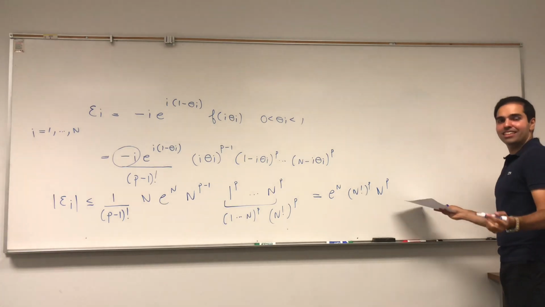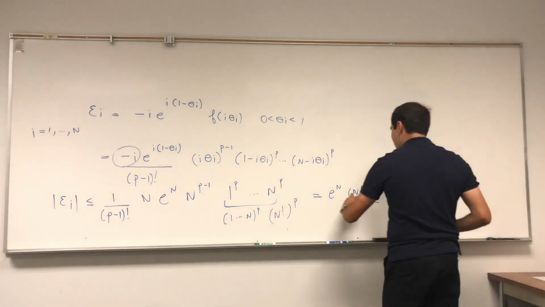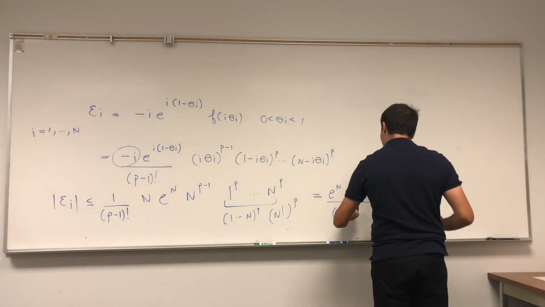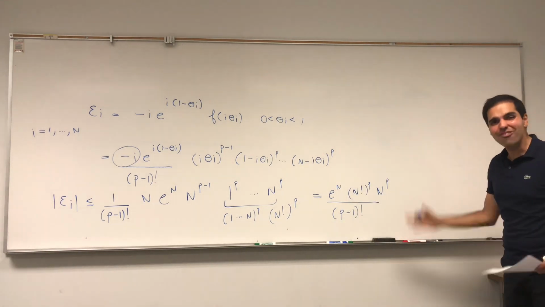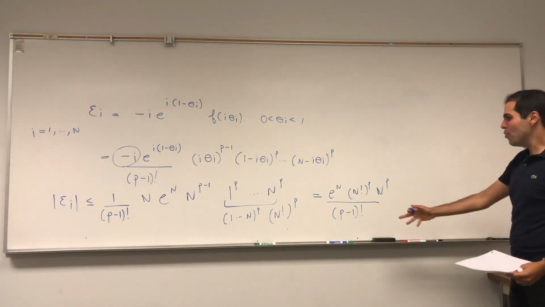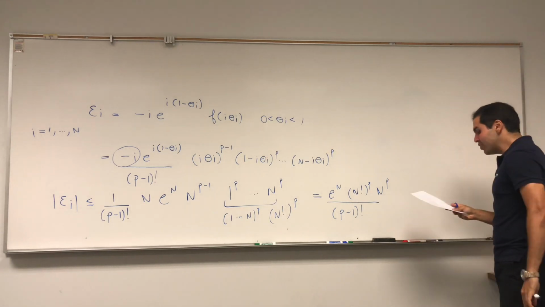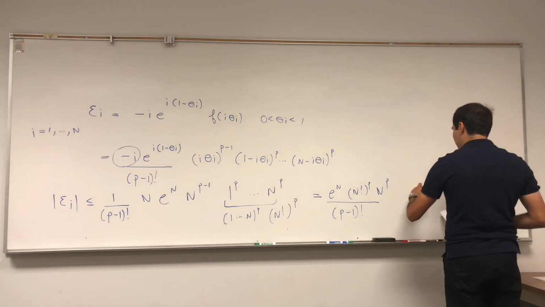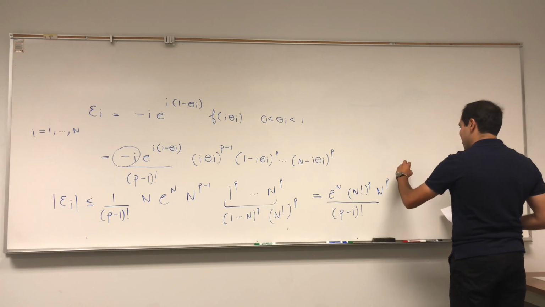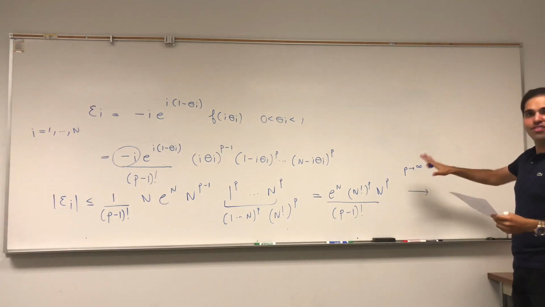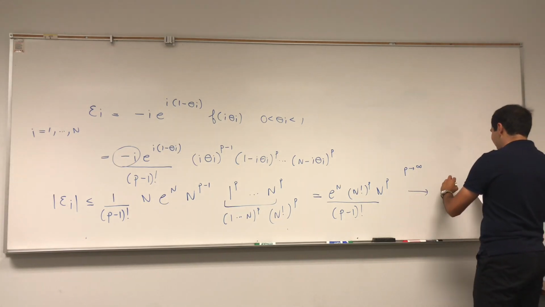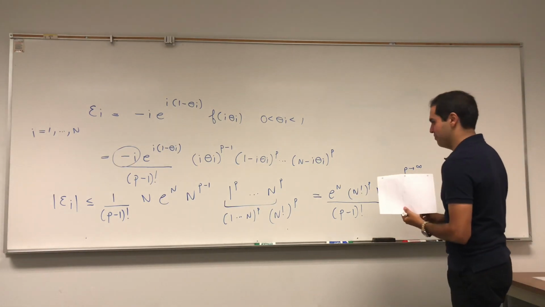Like that, it looks like a huge term, but remember, we divide this by p minus 1 factorial, and remember, p was a huge prime. It's way, way bigger than n, so it turns out, if you take the limit of this as p goes to infinity, in other words, if you take p to be very, very large, this goes to 0.